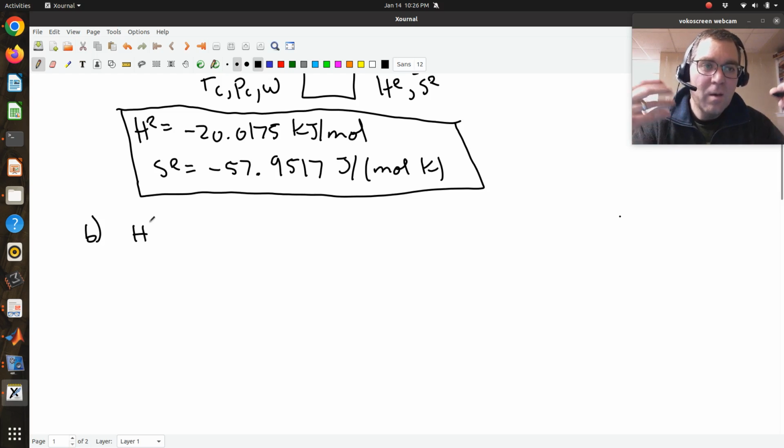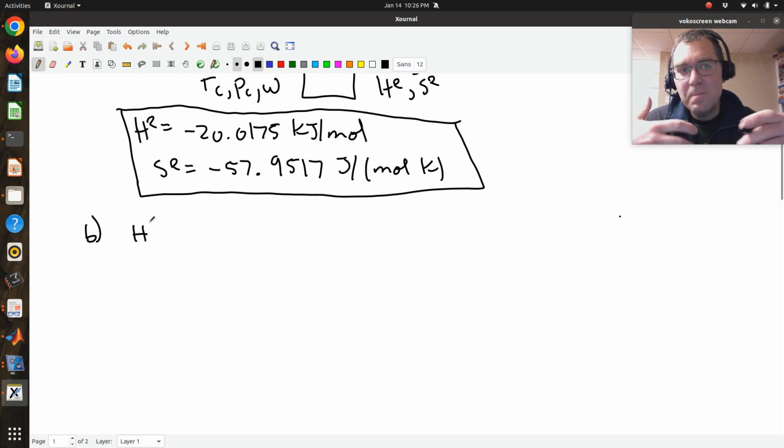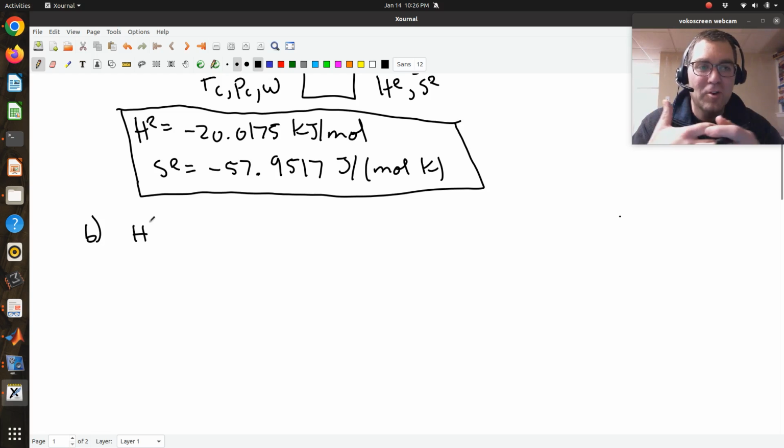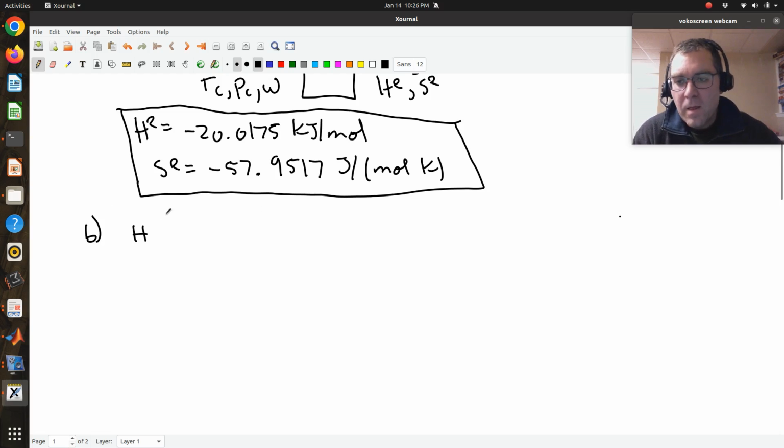Where these absolute quantities come in is just a matter of convenience. Sometimes it's convenient to define something in absolute terms that makes it easier in terms of tabulating data. But thermo is just a matter of differences. So there's no such thing as an absolute enthalpy. It's enthalpy relative to something, and so it's just a matter of how I define that something that I'm computing it relative to.